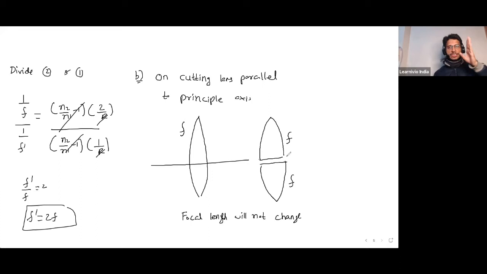If the amount of light becomes halved, that means the intensity of the image will become half. That simply means that the brightness of the image will reduce.